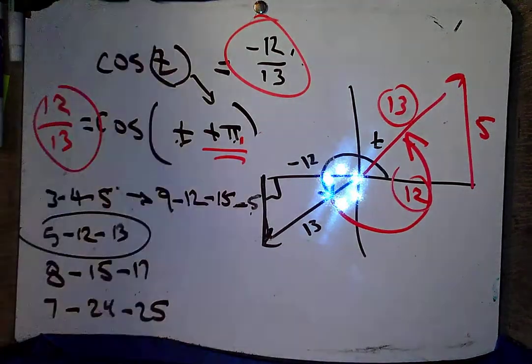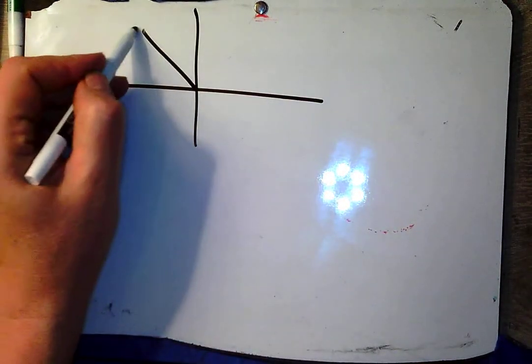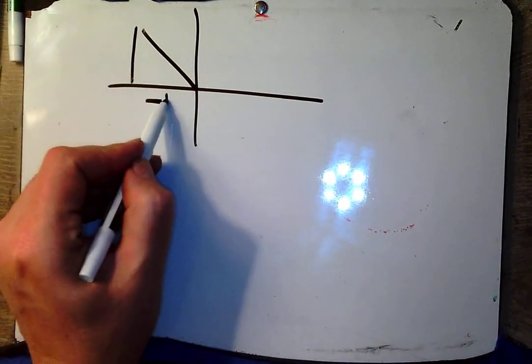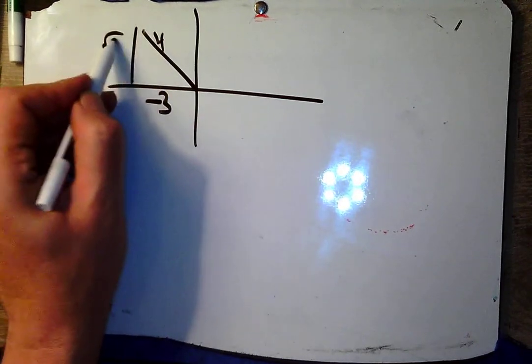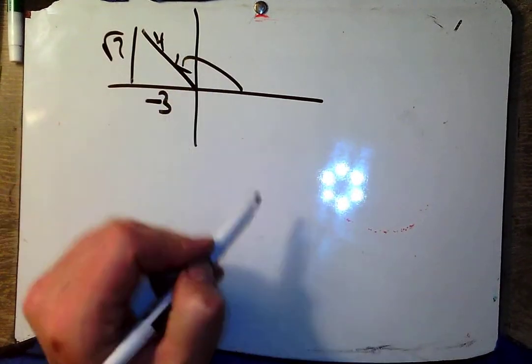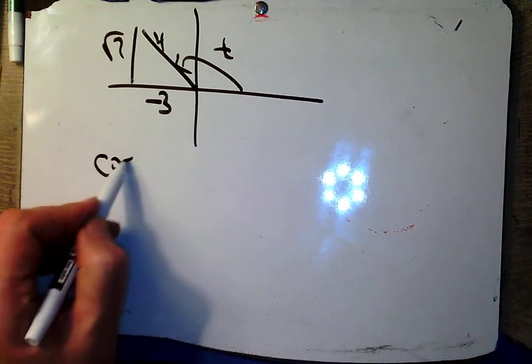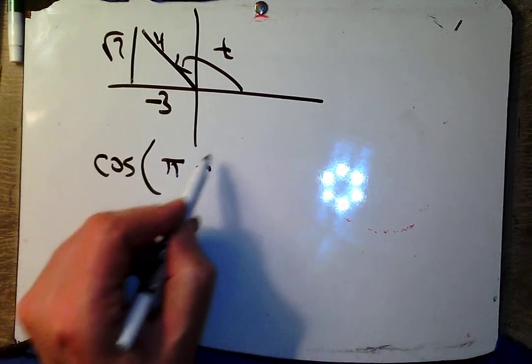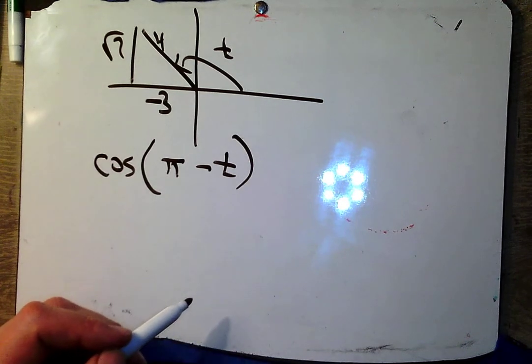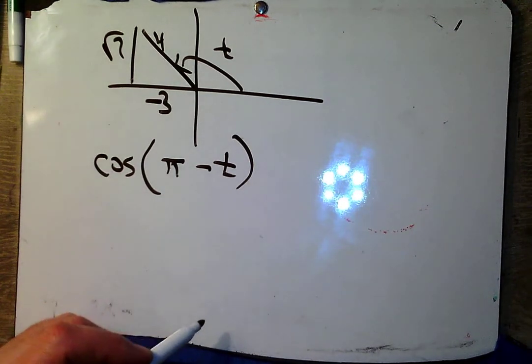Huh. Okay. And what about this one? Same situation. We're over here, and we have negative 3 and 4 and root 7. And there's our t. And now we're saying, okay, what about the cosine of pi minus t? Okay, so what is pi minus t?